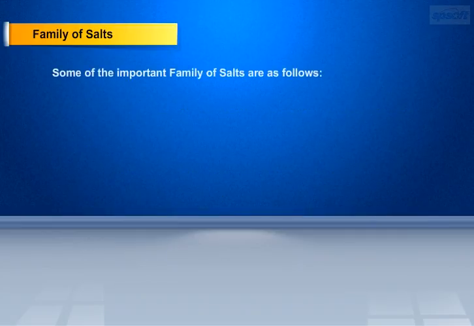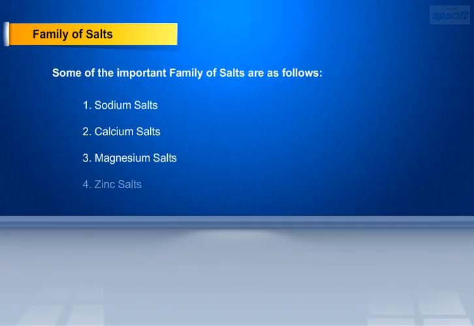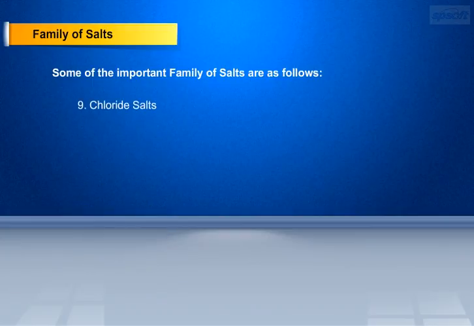Some of the important families of salts are sodium salts, calcium salts, magnesium salts, zinc salts, potassium salts, aluminum salts, copper salts, ammonium salts, chloride salts, sulfate salts, nitrate salts, carbonate salts.